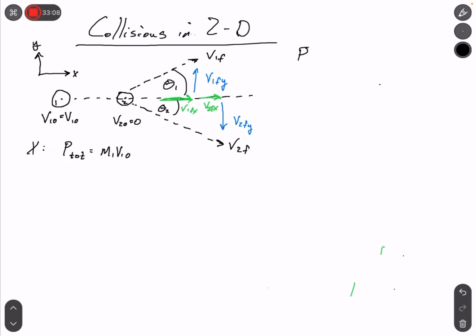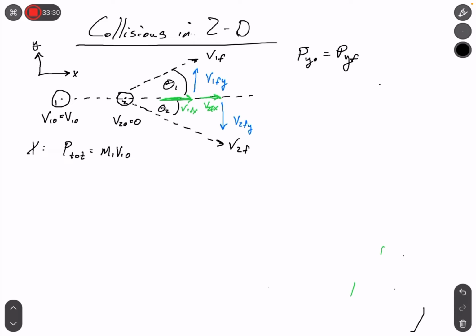Momentum. Let me get back to where we were at. Our momentum in the y direction. Well, that initial momentum in the y direction has to be equal to our final. But what was our initial momentum in the y direction? You guessed it. It's 0.